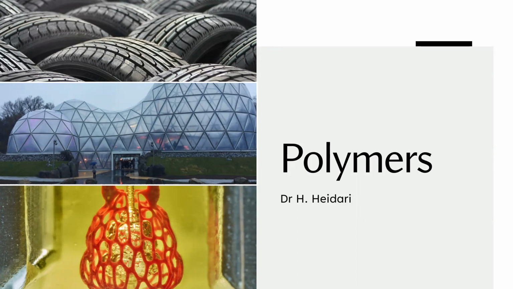Where we left last time, we discussed the three main processes and phenomena that happen in polymers, mainly regarding their phase changes. So we discussed crystallization, as well as melting and the other process, glass transition, and we looked at how these two processes are different.